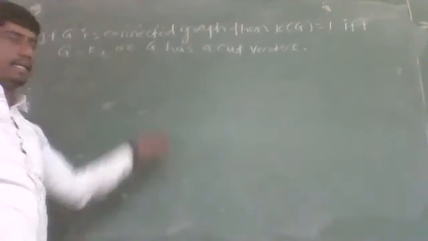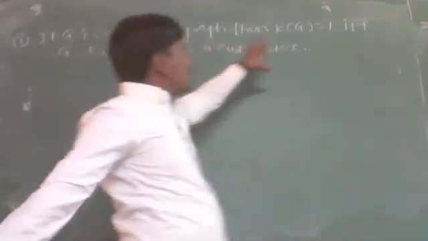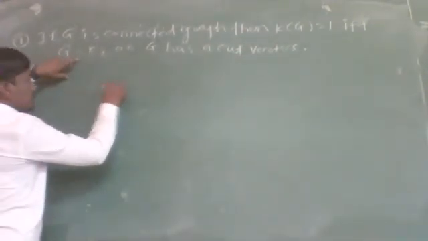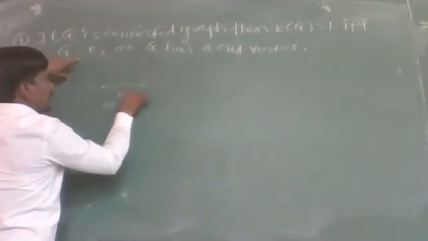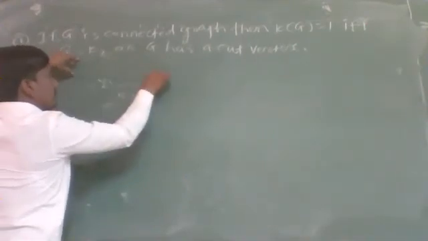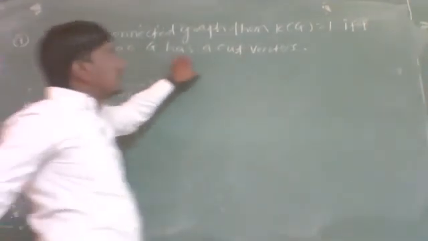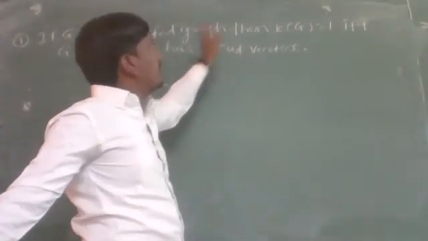If the connectivity of G is equal to 1, that is, if we remove a single vertex from the graph G, then the graph becomes disconnected if and only if G equals K2. K2 is nothing but this one, and if we remove any vertex from these two, then it becomes K1, or G has a cut vertex. Then it is only possible that the connectivity of G will be equal to 1.